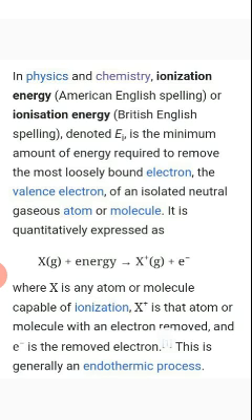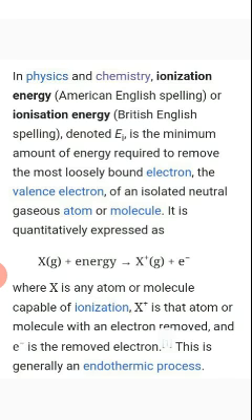Neutral gaseous means it has no positive or negative charge. An atom is electrically neutral, which has an equal number of electrons and protons. That's why both cancel each other.